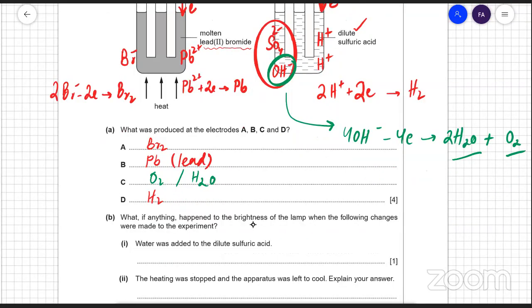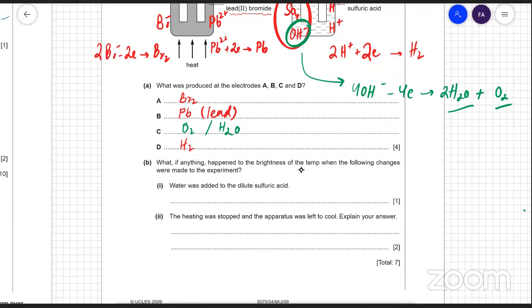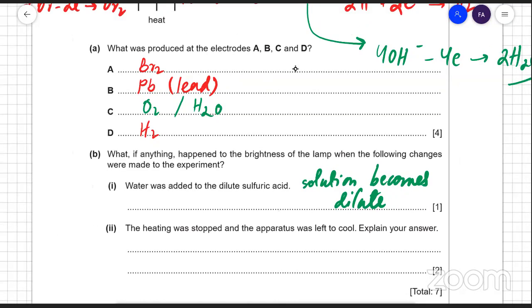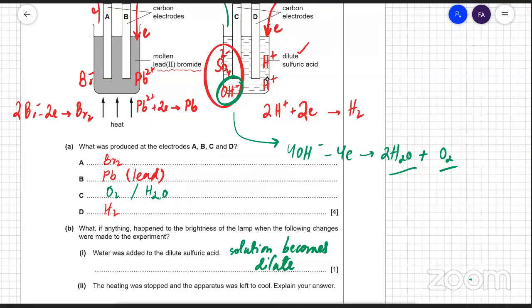The next question is part B. What, if anything, happened to the brightness of the lamp when the following changes were made? Water was added to the dilute sulfuric acid. Now, if you add water, the solution would become more dilute, which means, what does dilute mean? Dilute means that there are fewer H plus one and SO4 minus 2 ions, so the transfer of electrons is going to be even lesser.